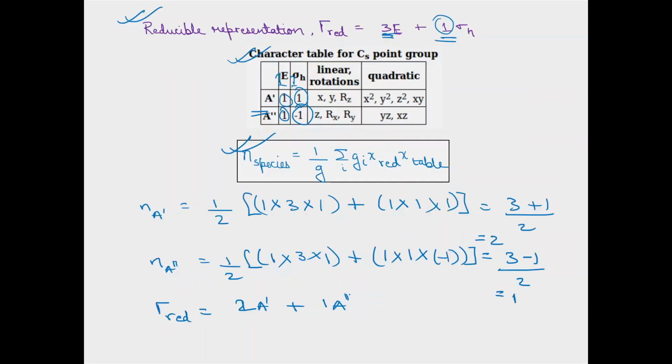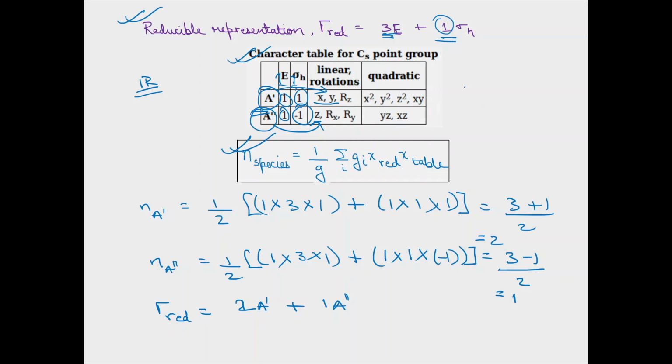Okay. Now the thing is that only those are IR active where, like we can see that A' is transforming into Cartesian coordinates x and y. Also A'' is transforming into Cartesian coordinate z.